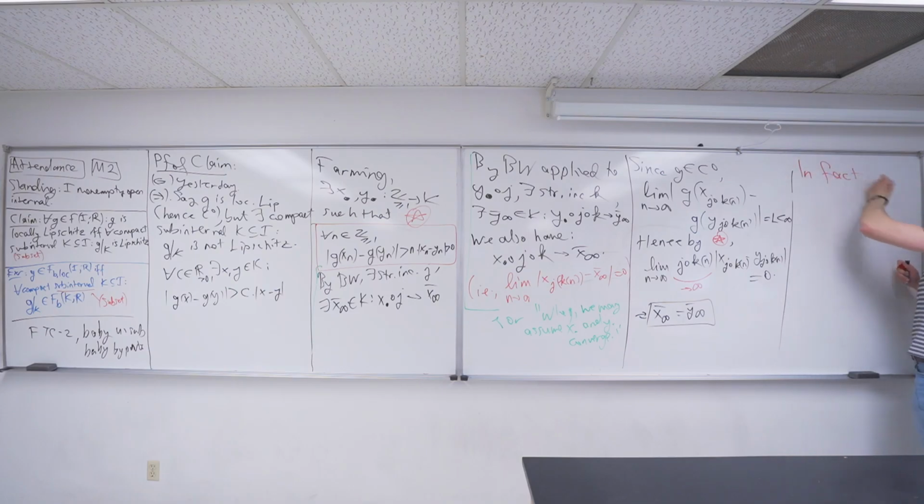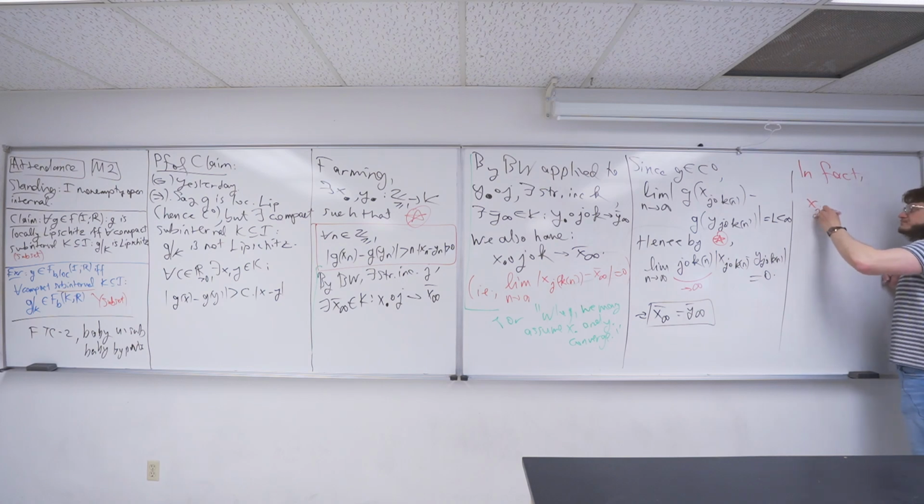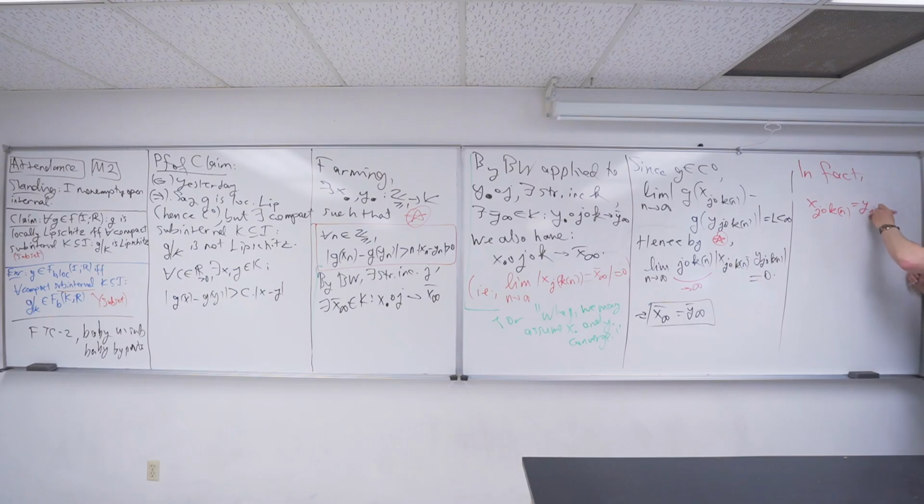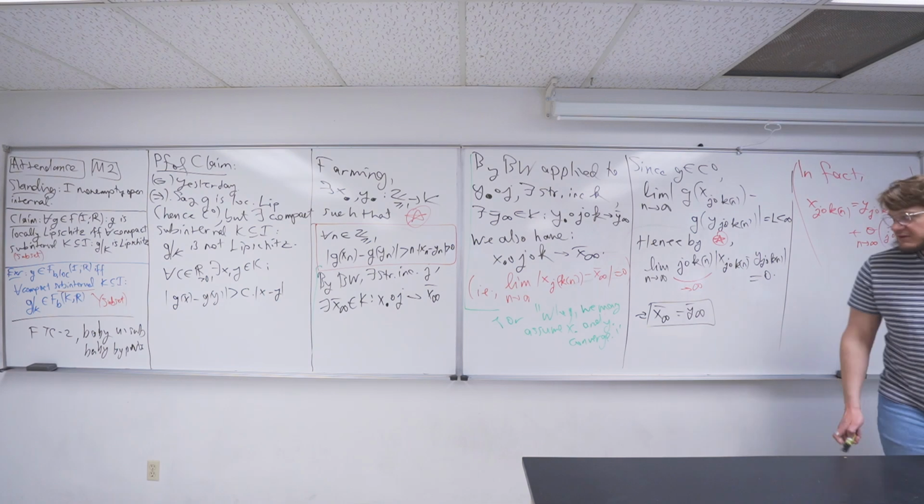We're not going to use this, but it's good to write it. So this is j of y_{j(k(n))} plus little o of 1 over j(k(n)) as n goes to infinity. I can perfectly write this. Okay. Just a review. Not that we're going to use it.